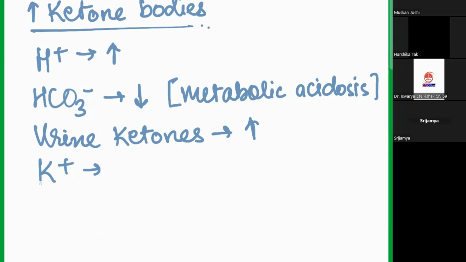Okay, why? I don't know how to describe it, but I know that the body is in kind of a hyperosmolar state. So the K plus shifts out of the cells and depletes the potassium stores in the cells.